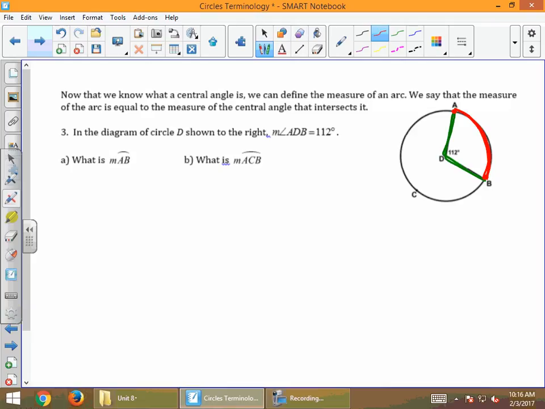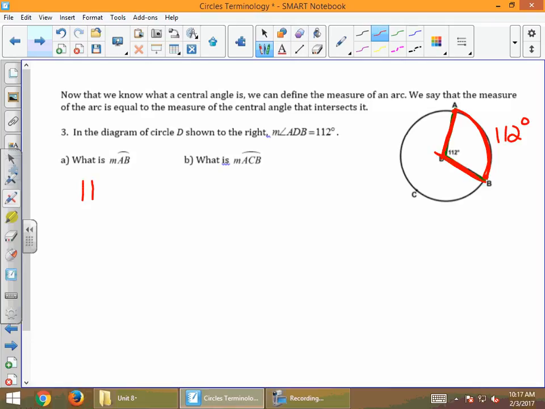Okay? So that angle, which is a central angle, because that vertex is on the center, is 112. What's the measure of that arc? What did we just say about arcs and central angles? Eric? Yeah, it's 112. They're the same. So because this angle right here is 112, that means that arc that's in between that angle is also 112.